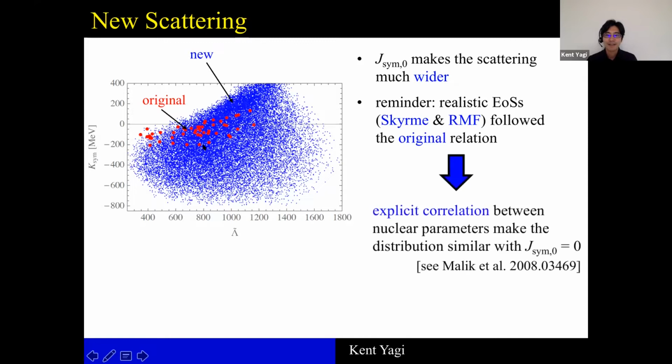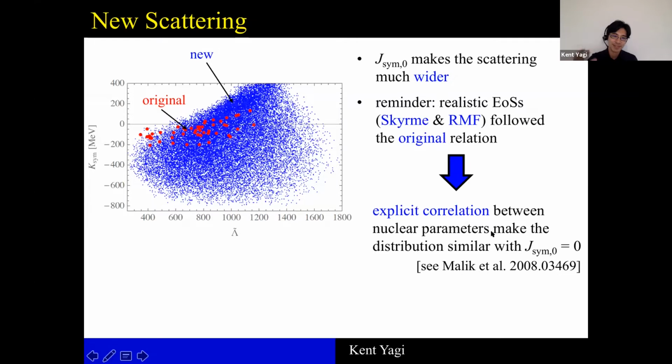So this sounds like if we use realistic equation of state, then there are some explicit correlations between different nuclear parameters like K and J and L and so on that actually makes the correlation between K and neutron star observables much tighter. And then the outcome is very similar to the case without the higher order parameter like J. And indeed, there is a recent paper by Malik et al. showing that indeed, within at least the Skyrme framework, there are such explicit correlations between nuclear parameters.